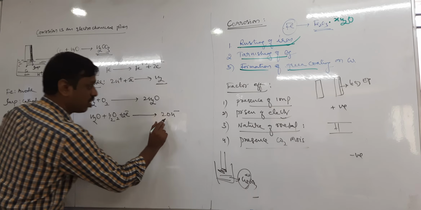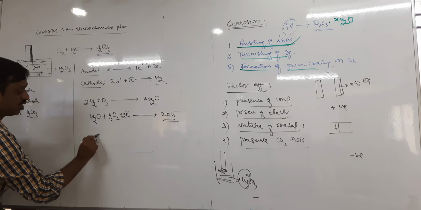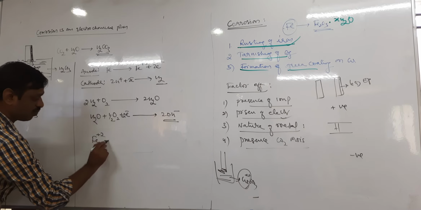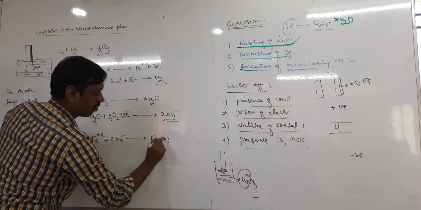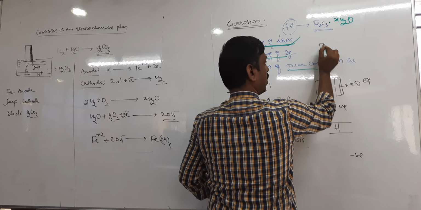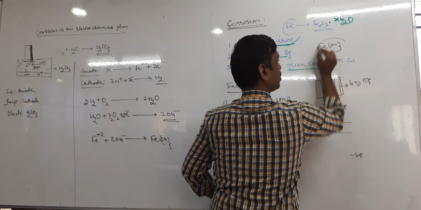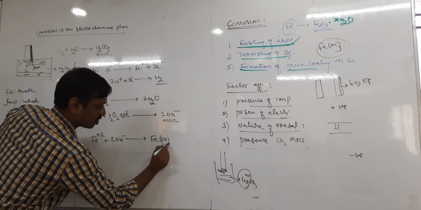Now this hydroxide combines with ferrous, which is formed at anode. Ferrous plus 2OH minus, what does it form? Ferrous hydroxide. But actually, what is rust? Ferric hydroxide, no. Rust is actually ferric hydroxide. So therefore it forms ferrous hydroxide.